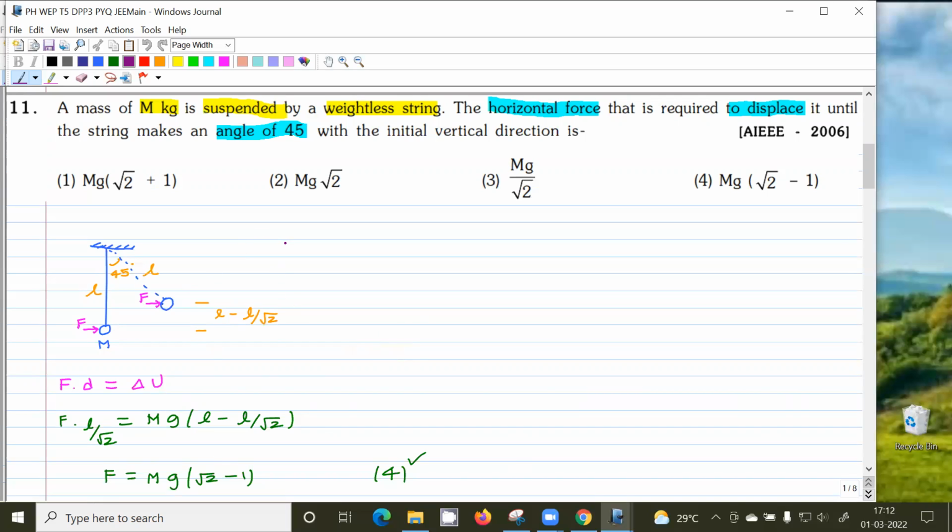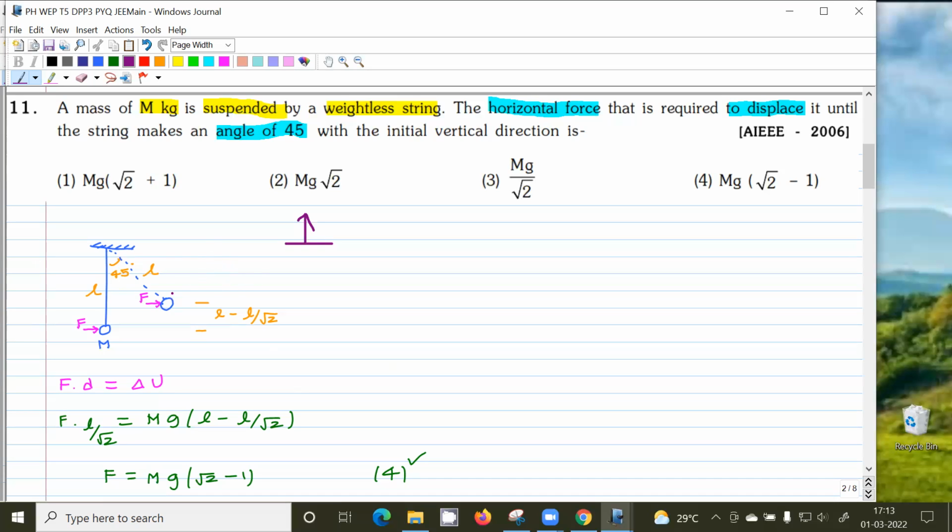So I'm choosing this as a reference, and upward direction should be positive. Okay, so this is mg minus, and this is less negative here. The height of this point is minus l. The height of this point is less negative.